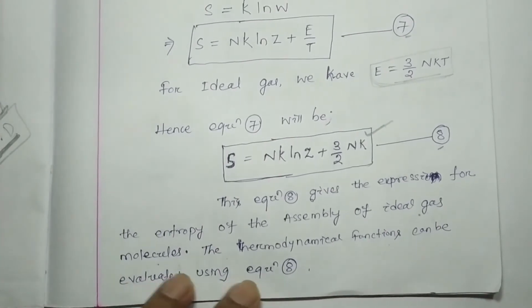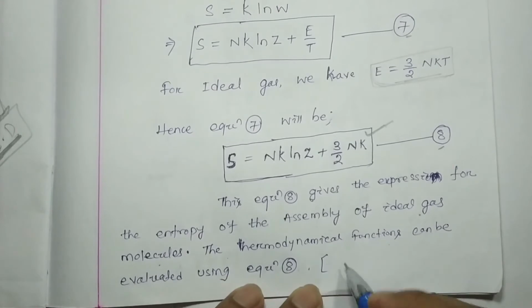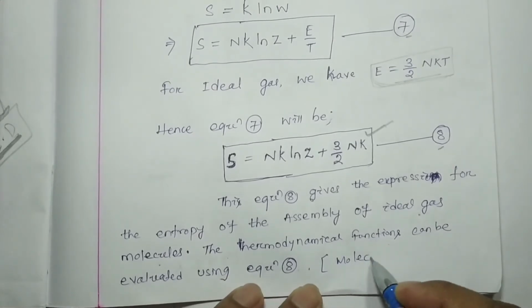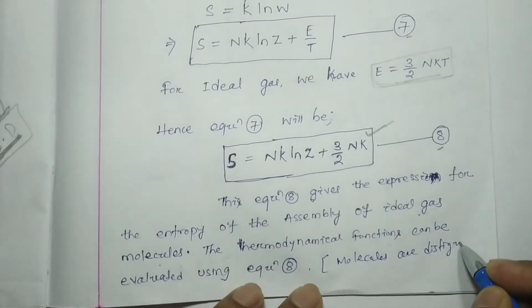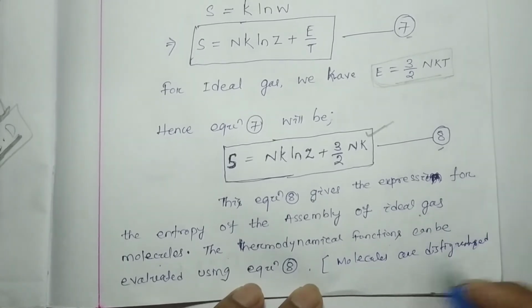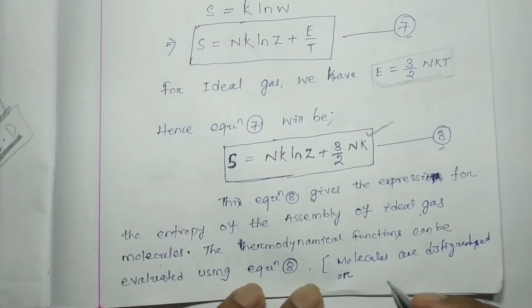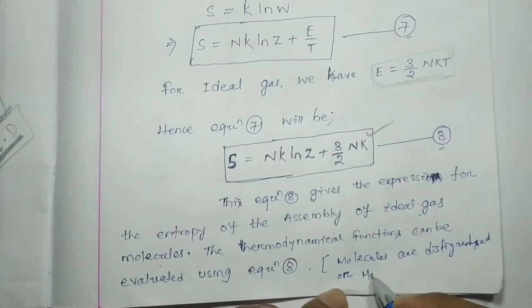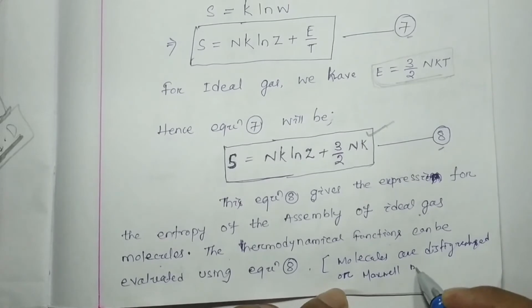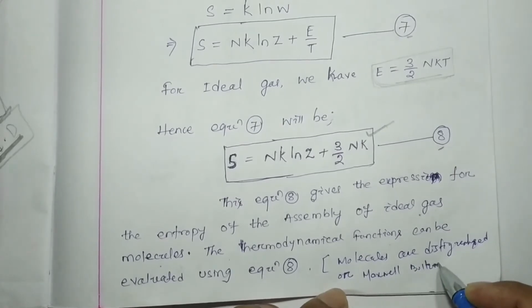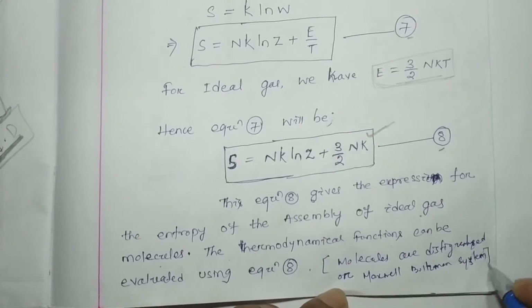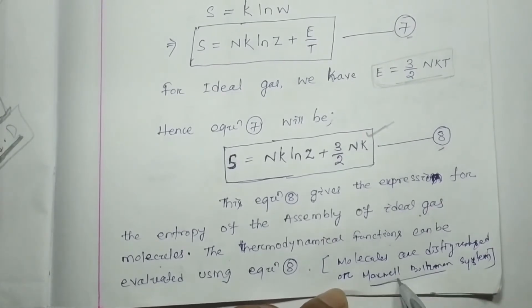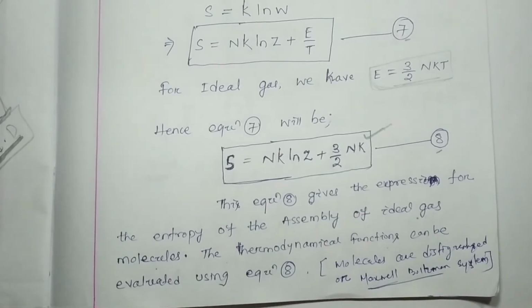where the molecules are distinguished molecules, or you can write Maxwell-Boltzmann system. Maxwell-Boltzmann system means it is fully classical, where all the particles are distinguished from each other.